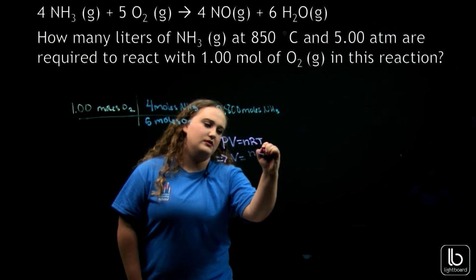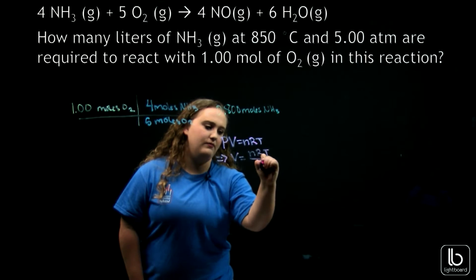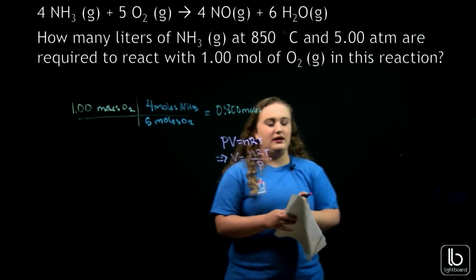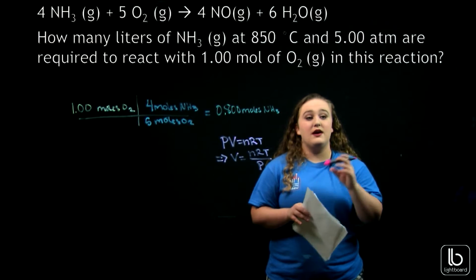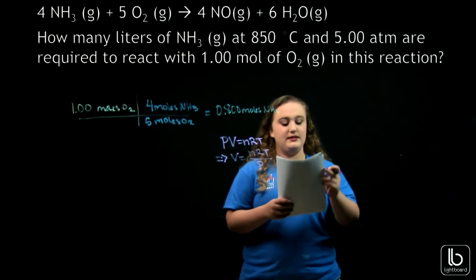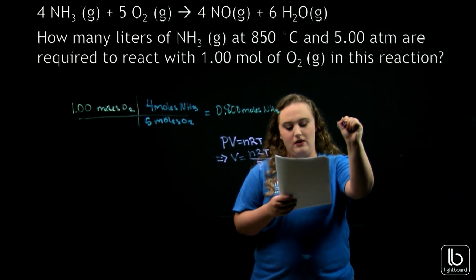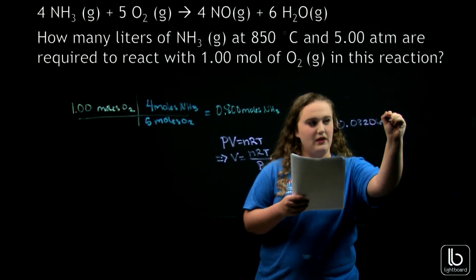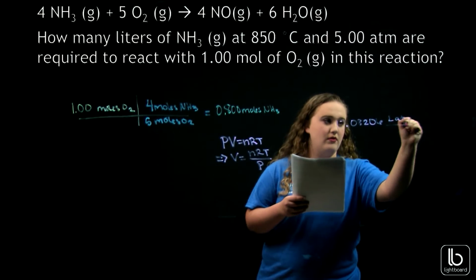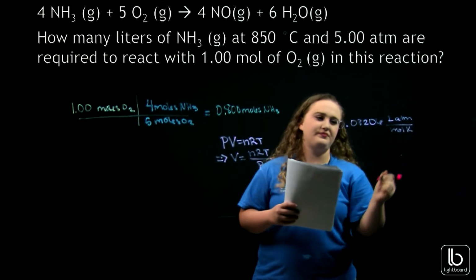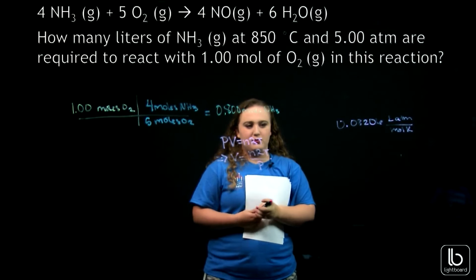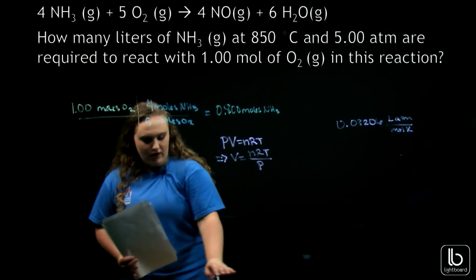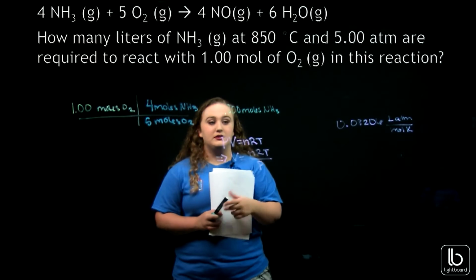So I'd get V equals nRT over P, where P is our pressure. Our R value needs to be in units of liters atmosphere, so we're going to use the exact same R value we did in the previous slide: 0.08206 liters atmosphere per mole K. The more you work through these problems, the more you're going to become familiar with this unit and the 8.314, just because of so much repetition.